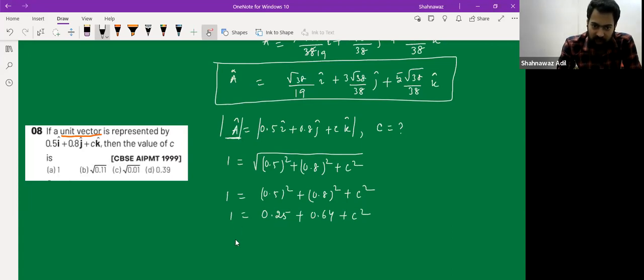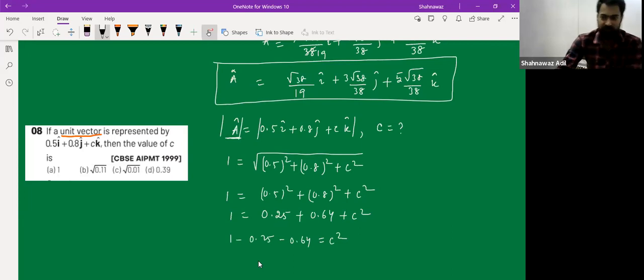So c square would be 1 minus 0.25 minus 0.64. So 0.25 plus 0.64 is 0.89, and this would be c square.